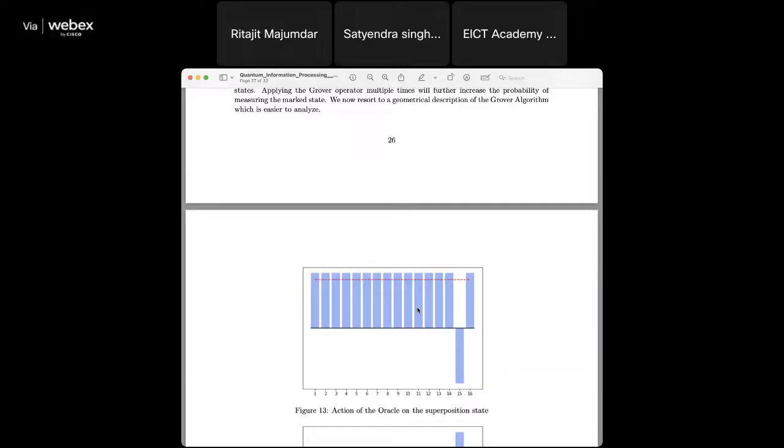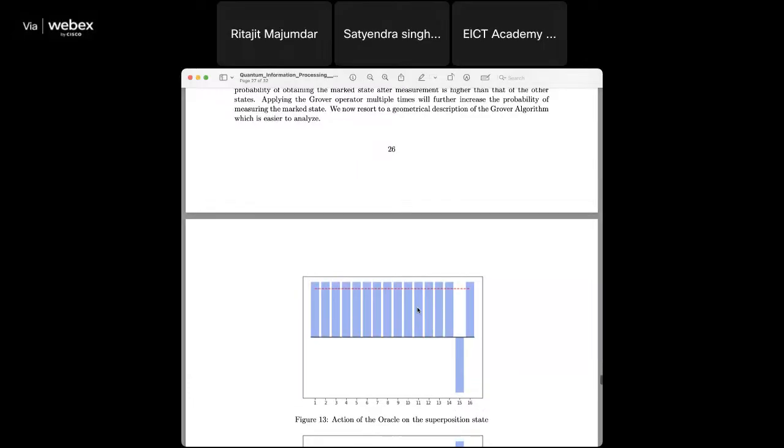What happens to the average now? The average will be slightly lower, right? Because out of these capital N states, all of them have the same value. If this one state were not there, all the states would have the same value, so the average would have been this. There is one state that got flipped.